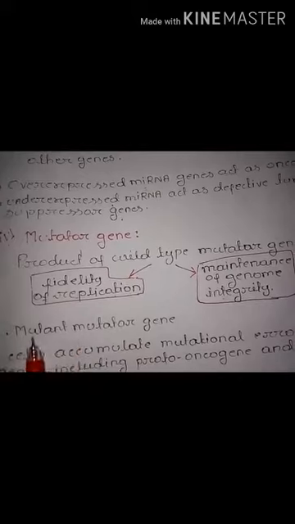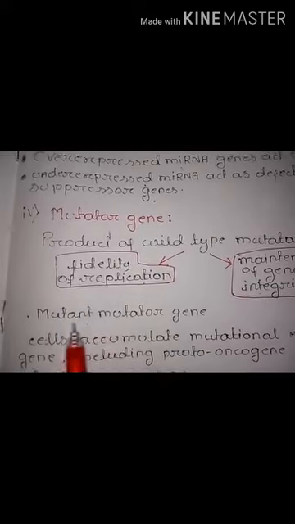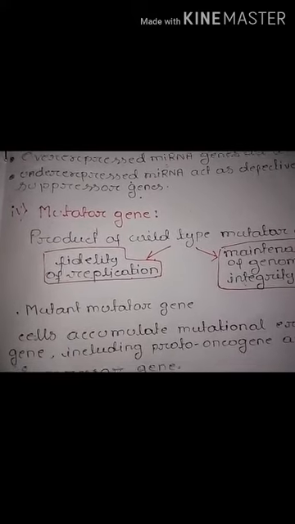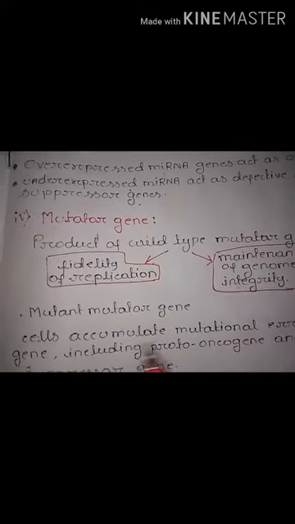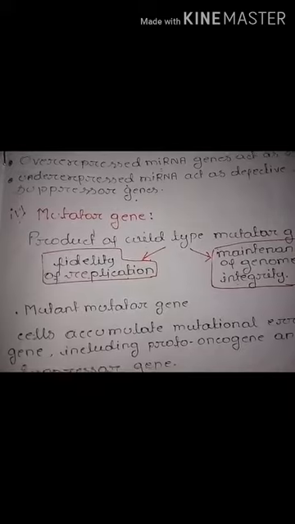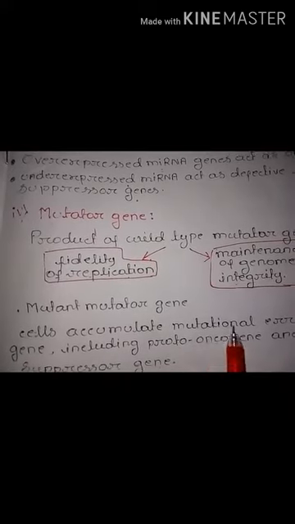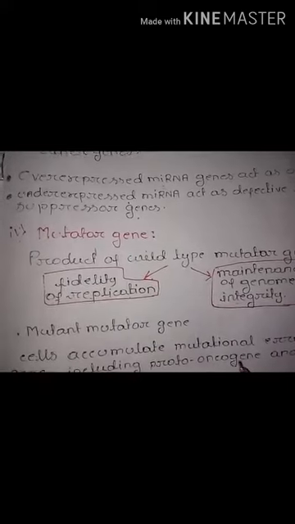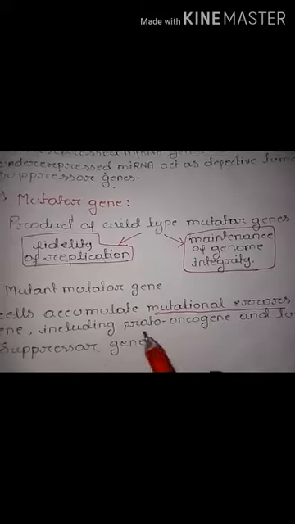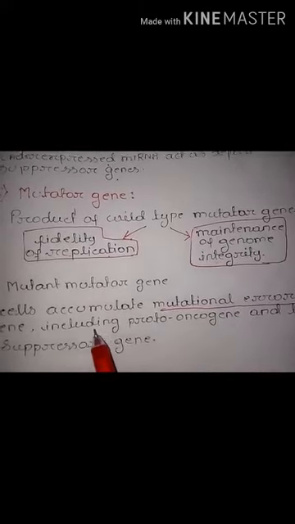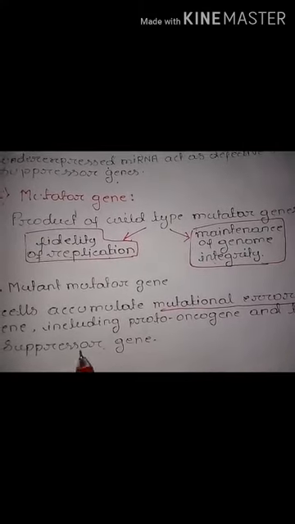Now when the mutator gene is mutated, cells accumulate mutational errors in any gene, including proto-oncogenes and tumor suppressor genes. What is a mutational error? A mutational error may occur in a proto-oncogene or in a tumor suppressor gene.